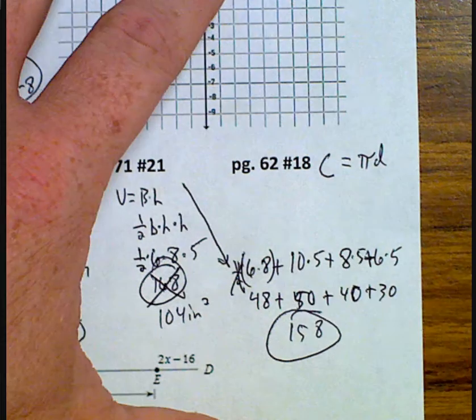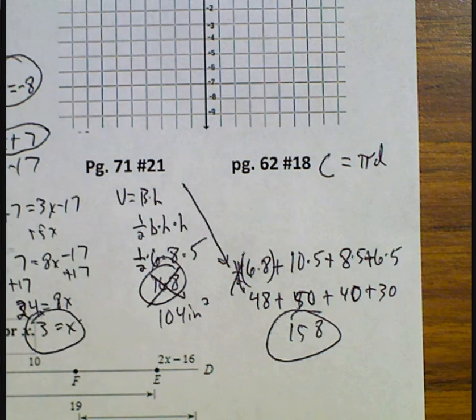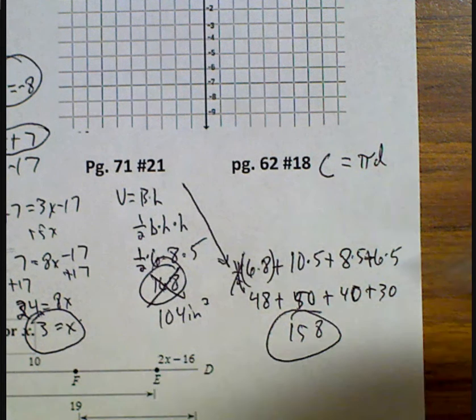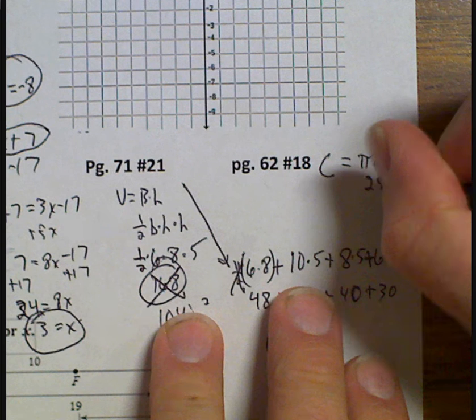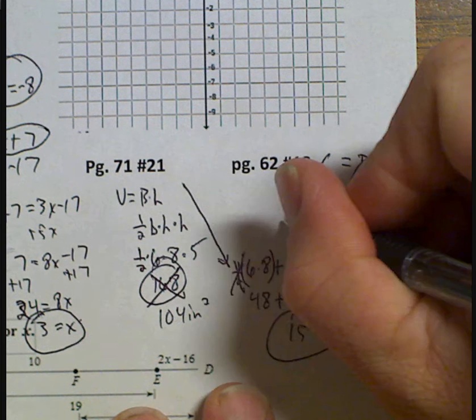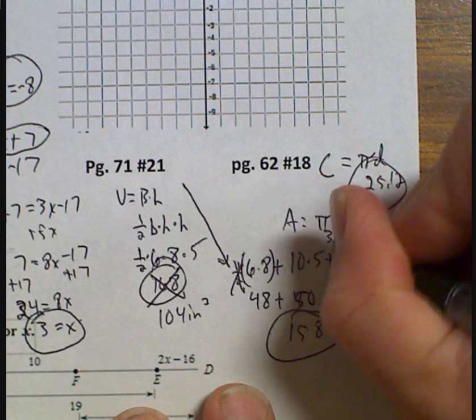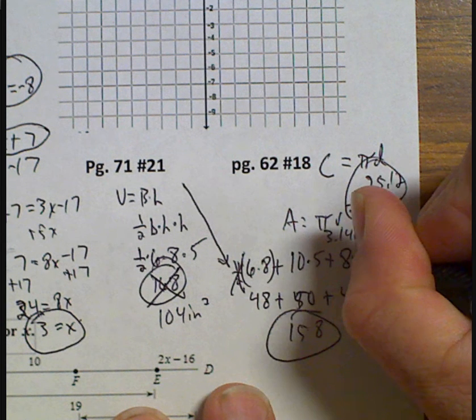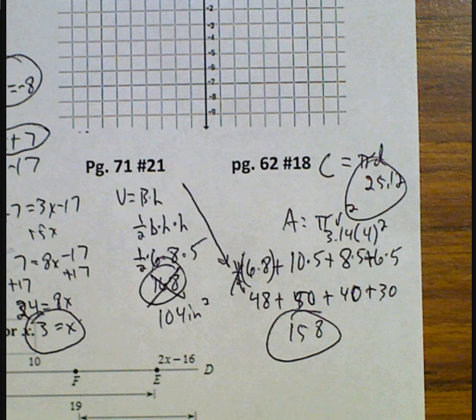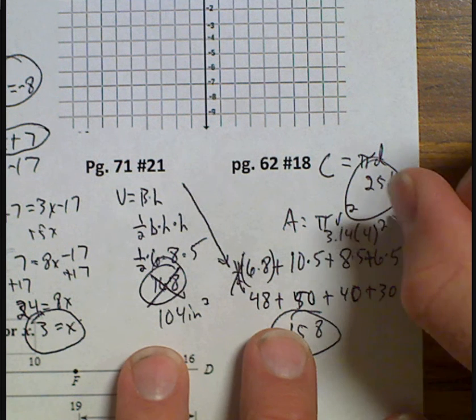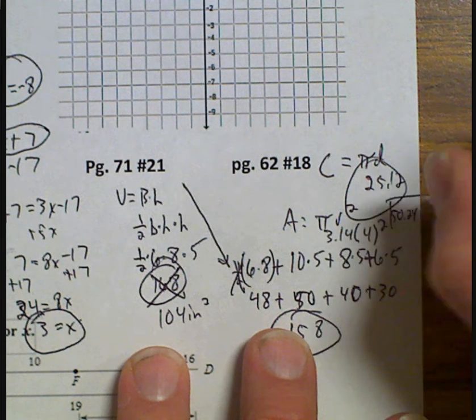So pi times 8, 3.14 times 8 gives me 25.12. And then my area is pi r squared, so that would be 3.14. My r is 4, and I'm going to square that, so that would be 16 times 3.14, which is 50.24.